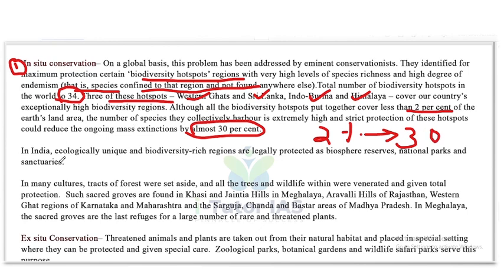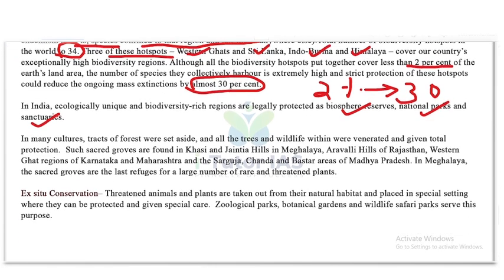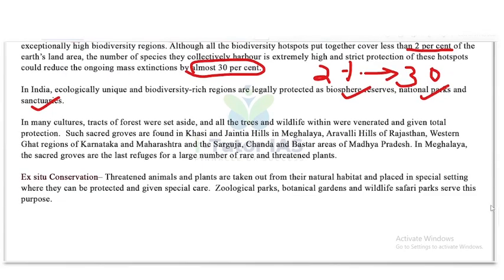In India, ecologically unique and biodiversity rich regions are legally protected as biosphere reserves, national parks, and sanctuaries. These are examples of in situ conservation, where the organism or the species is protected in its natural environment or ecosystem.